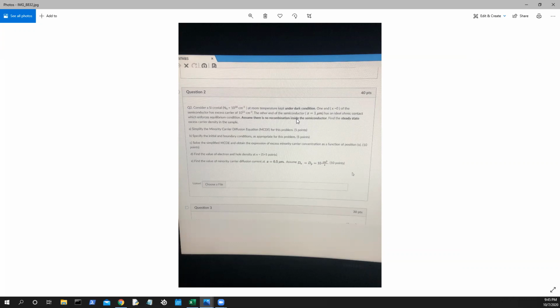Then when there's no temporal derivative, or when it's spatially dependent, change in n with respect to x is equal to a e to the negative x over lp, or ln since we're ln here, plus b e to the x over ln, plus GL tau n.